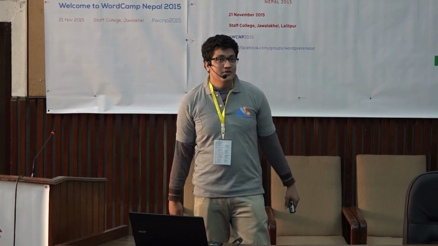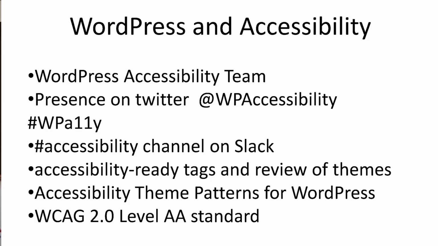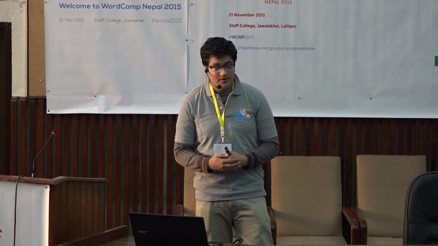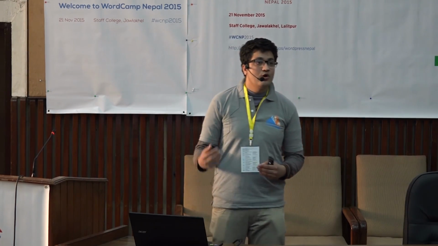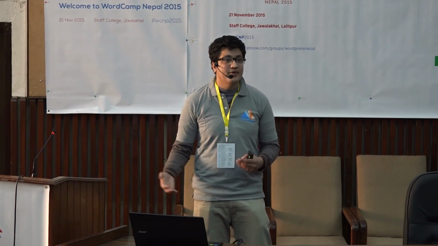So there is quite a good relationship between accessibility and WordPress. There is an accessibility team in WordPress who have been making the WordPress core and WordPress default themes accessible for years. They have been working on making the WordPress content management system accessible.